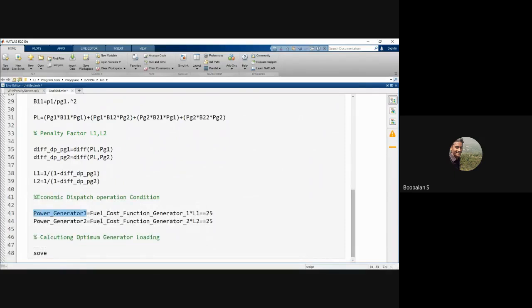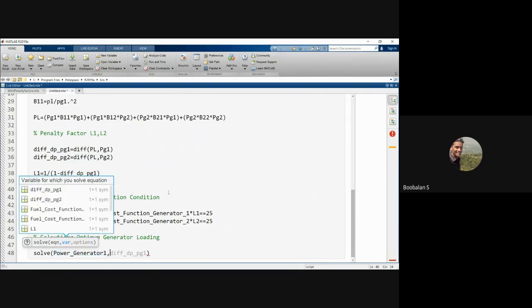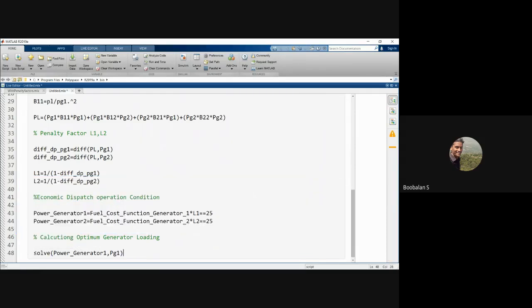Solve this equation for power generator, and substitute pg1. After solving, I need to store the value somewhere, so I'm going to use one more variable, called power generator one more, with underscore one.